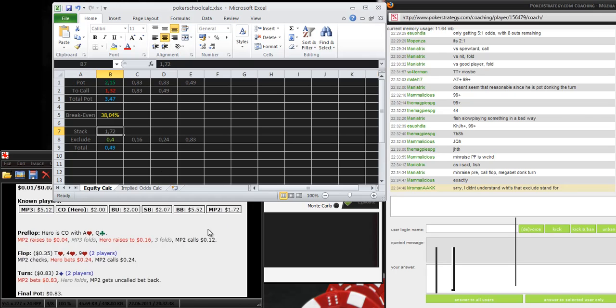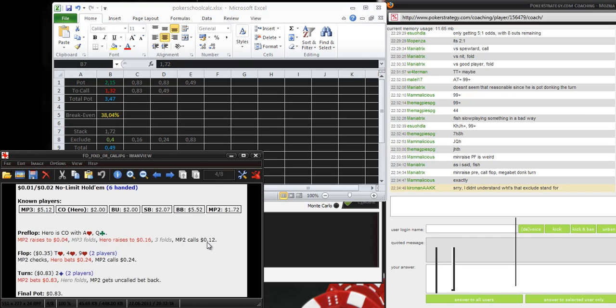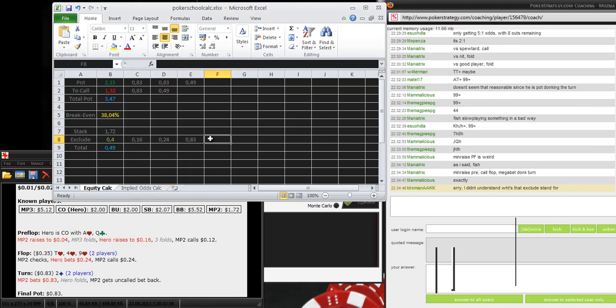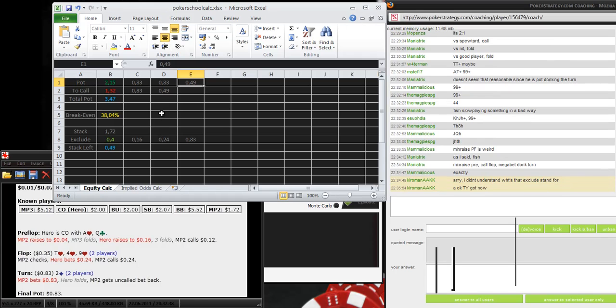Then we exclude all the amounts he calls pre-flop, he calls on the flop, and then he bets on the turn. And then we get his stack which is left. Stack left should be this way. And this one you put into the total pot, since he's going all in anyways.